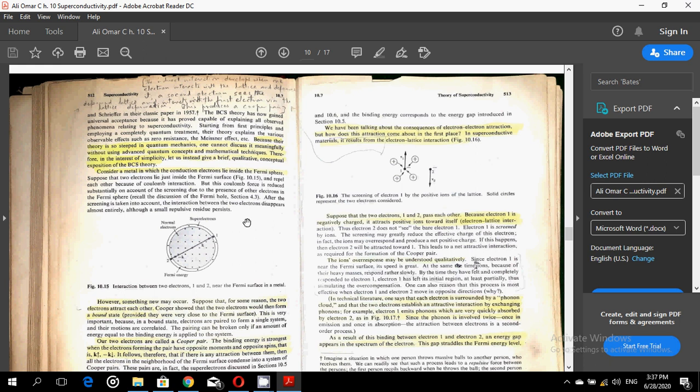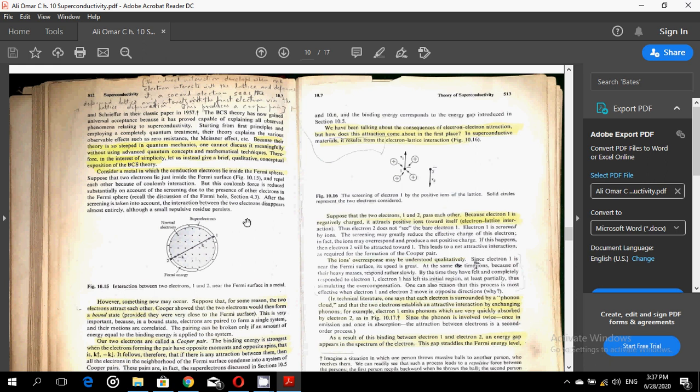But this Coulomb force is reduced substantially on account of the screening due to the presence of other electrons in the Fermi sphere. After the screening is taken into account, the interaction between these two electrons disappears almost entirely, although a small repulsive residue force persists.